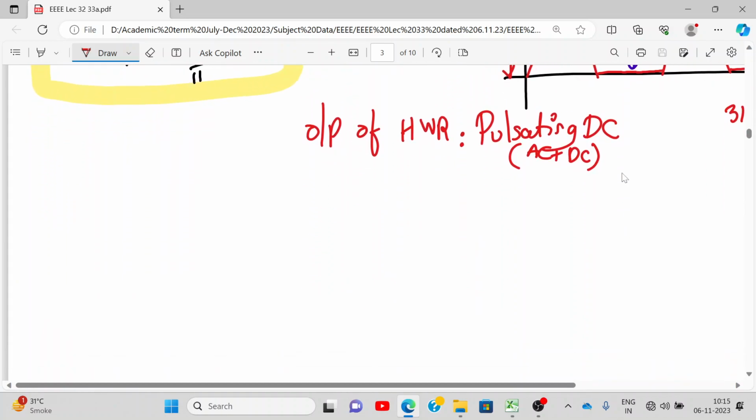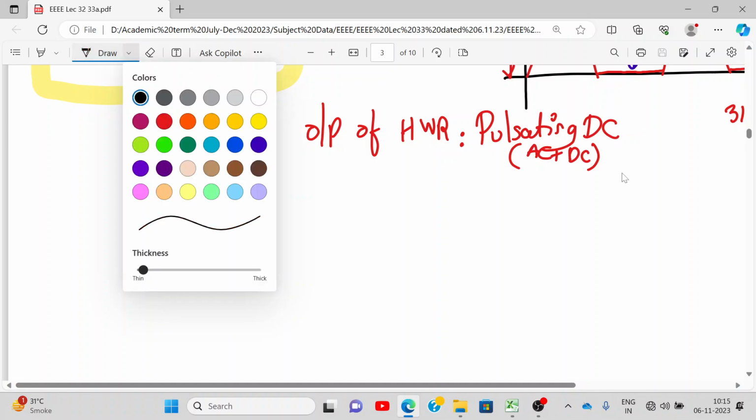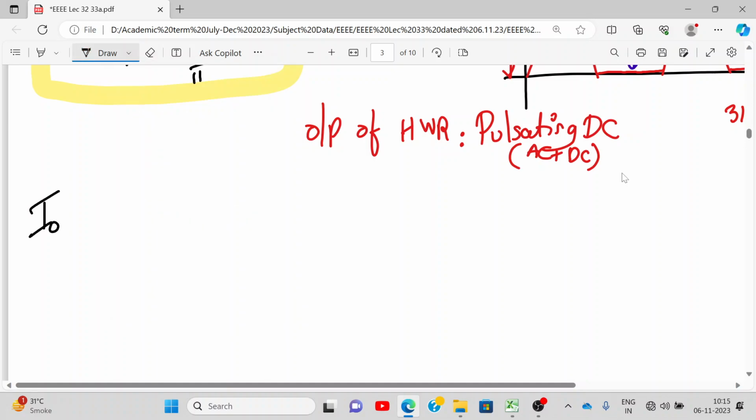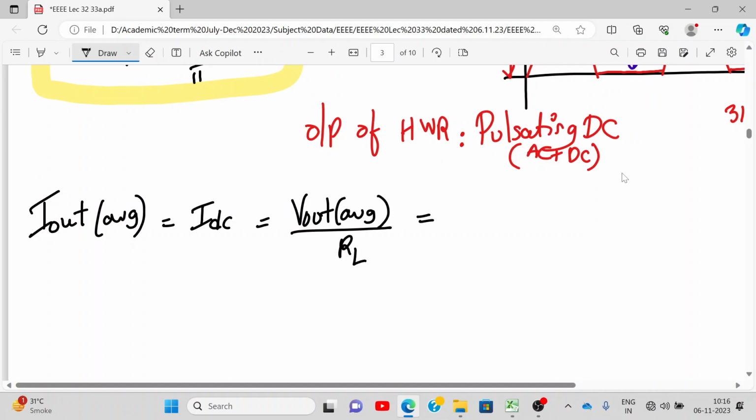Sometimes in the exam, instead of asking you voltage, they can ask you current, the average value of current. How will you find I out average, or you can call it IDC? It's a resistive load, so it will be V out average upon RL, or we can call it VDC upon RL. And VDC is Vm upon pi RL.